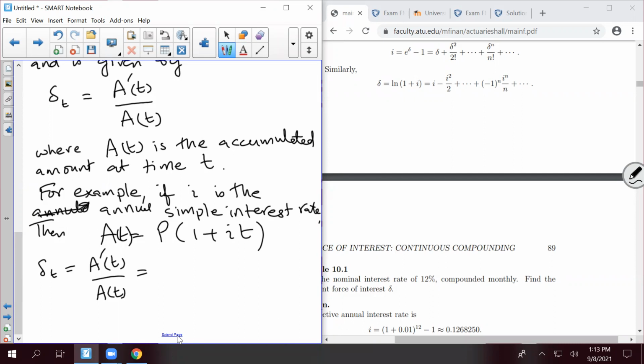P I. Yeah, because you keep this constant P, that's a multiplied constant, and the derivative of 1 is 0, and the derivative of I T is I with respect to T. So P I, and divide by A of T, which is P times 1 plus I T. So the P's cancel, and it's equal to I over 1 plus I T. So that's the force of interest in case of simple interest.